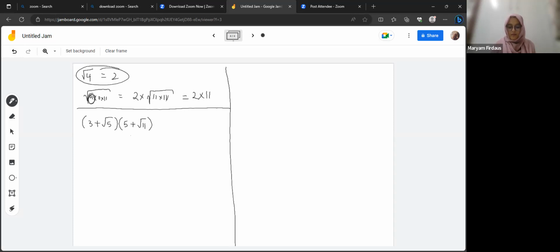This is the same thing we used to do. First, take this number, multiply it with this number. Then take the first number, multiply it with this. Then take this number and multiply it with this.